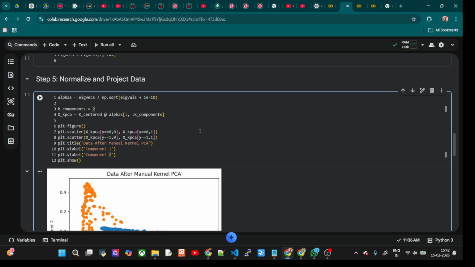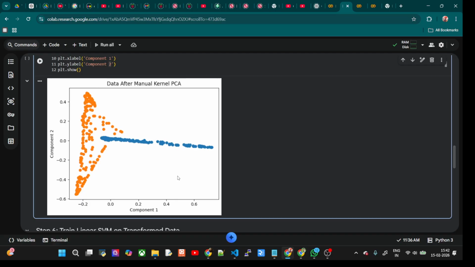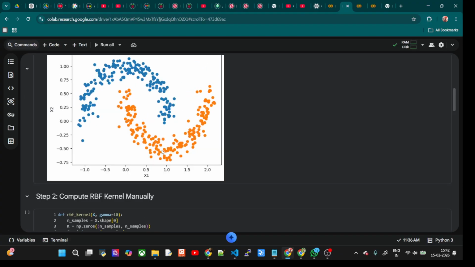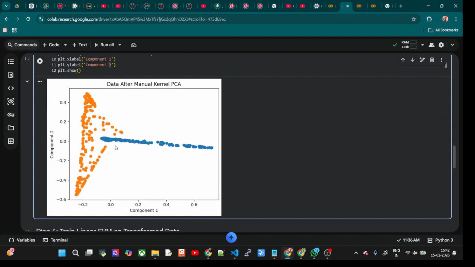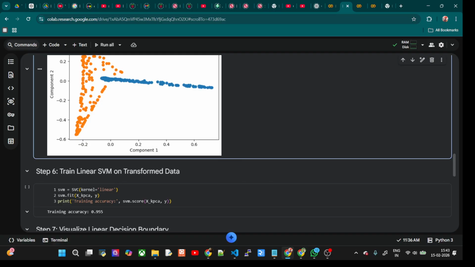Here you can see component 1 versus component 2; I'm just plotting the graph. Earlier, the circular and moon data sets had a non-linear relationship. Now it shows a kind of linear relationship. This is the output of PCA, and it will give this output to the next step like SVM.